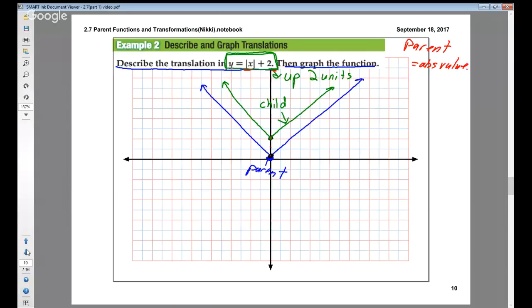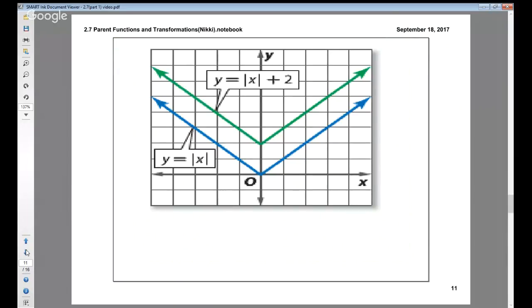And that's all you have to do. Start with the parent function, identify if you're going up or down, and by how many units. And in this case, go up 2 units, graph it, and you have the child function. Or in other words, you have just graphed the function that we want. And that's all there is to it. If you look at the next slide, we see that's exactly what we just did.